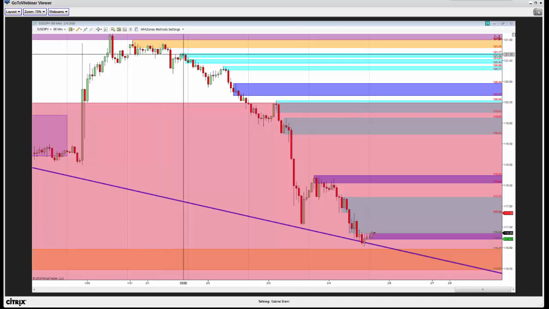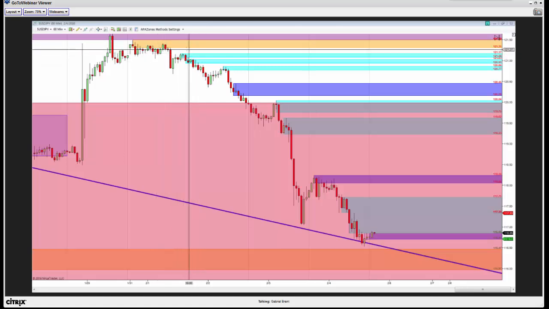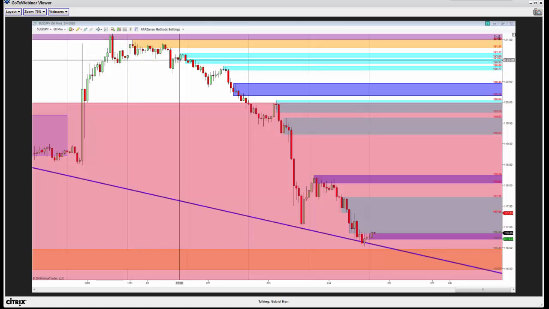So there's 1 zone, there's 2 zones, there's 3. At that point, that's when we can start defining this as a downtrend, and you can see how far it's actually slid. So that's the idea of what we're doing with this software.